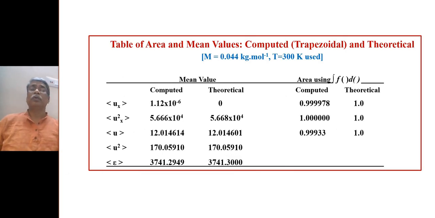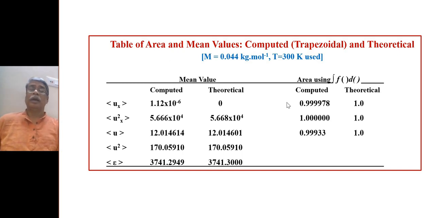And before we go for running the program, let me just show you the results that we have already got. We have used carbon dioxide gas, that means the molecular mass 0.044 kg per mole. Temperature we have used is 300 Kelvin, and we have used the trapezoidal rule to find the different mean average values as well as the area values.